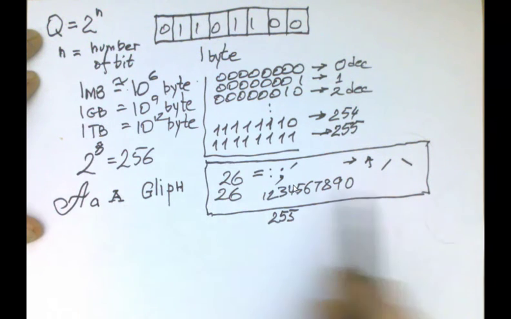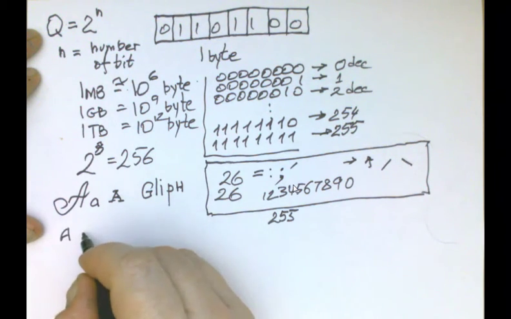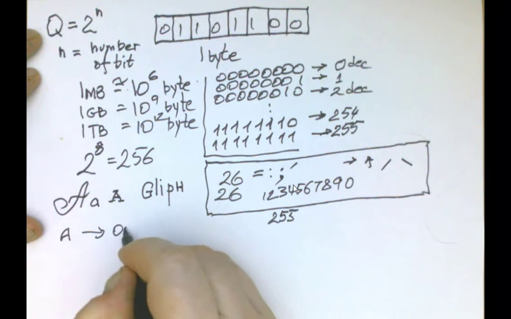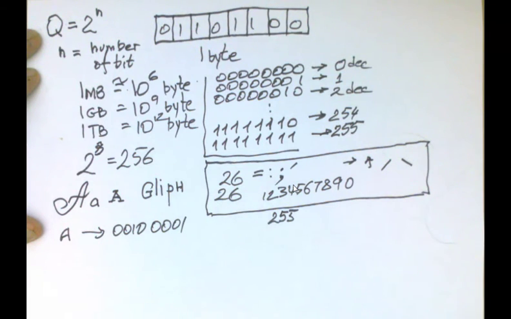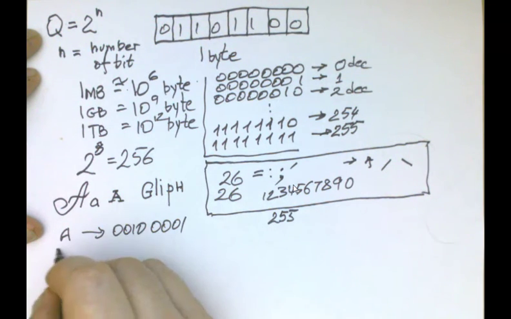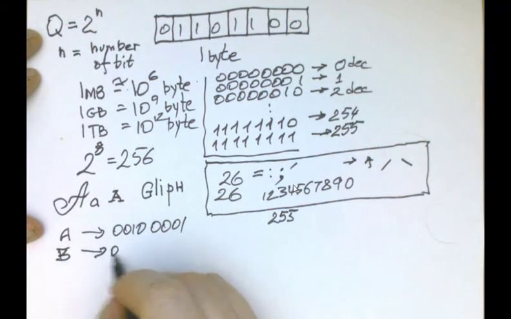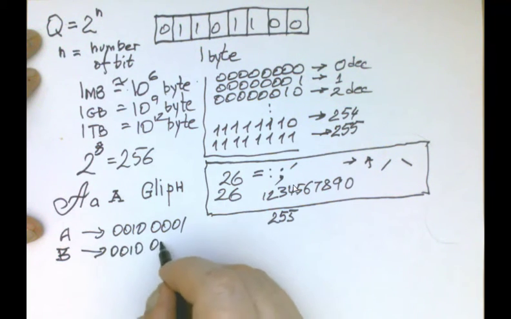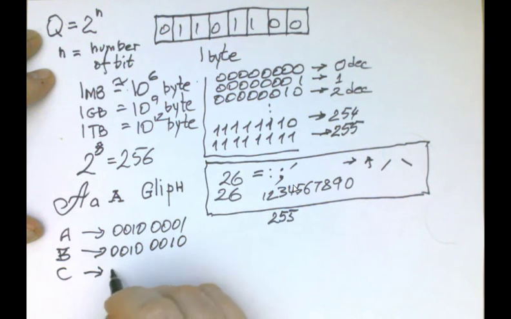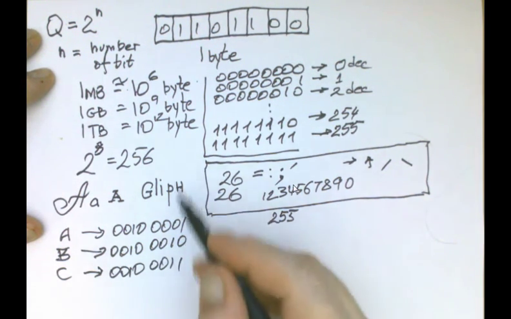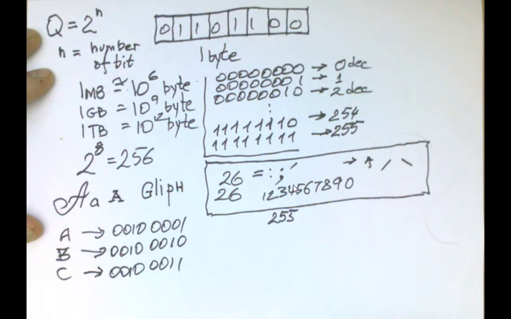For example, A will be 0010 0001, I do not remember exactly. B will be different, let's say 0010 0010. C could be different, like 0010 0011. And so we can substitute all of these characters with their binary values.